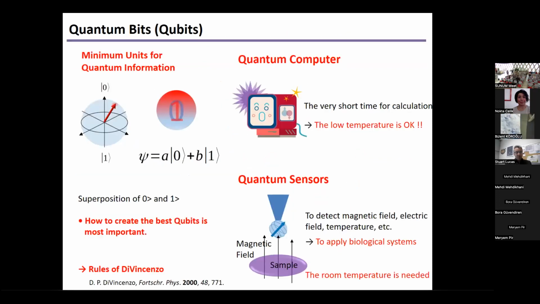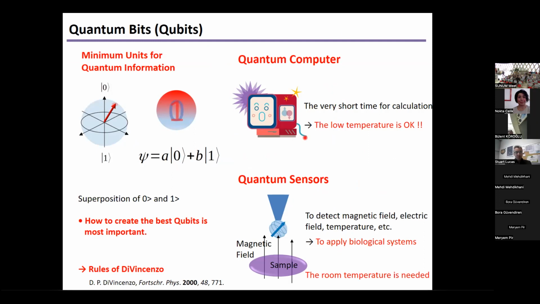So then I focus on this qubit. As I told you, the minimum unit for quantum information is a superposition of 0 and 1. This is available for the quantum computer. Only one quantum computer is working from IBM in the USA, followed by China and also Japan.